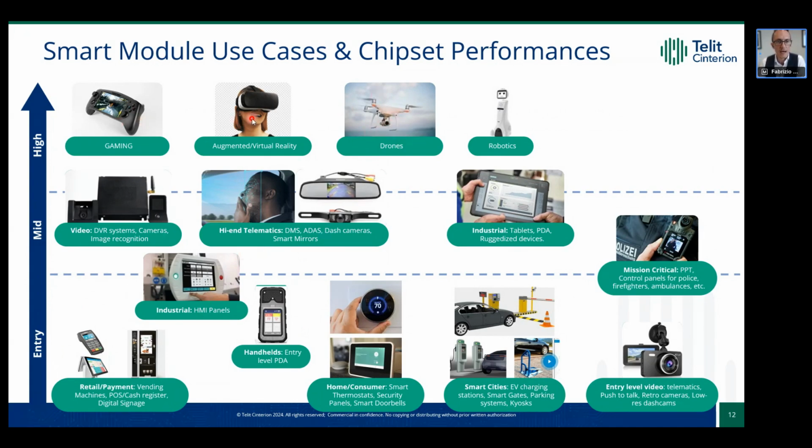Finally, in the high to premium level, you can have use cases like drones and robotics. I have to say that in this field, AI features are becoming ever more important.